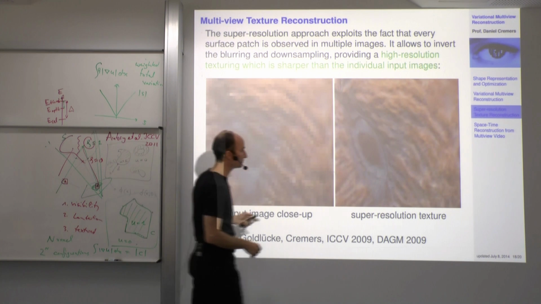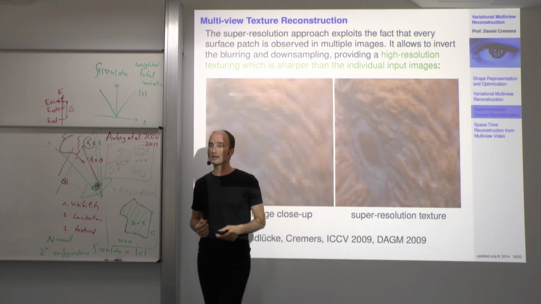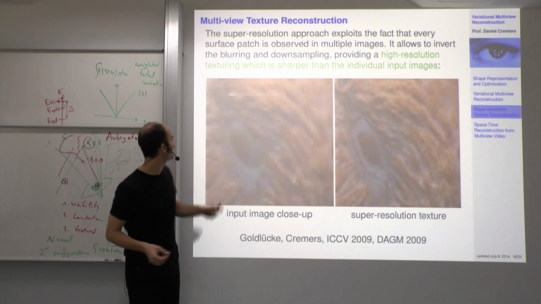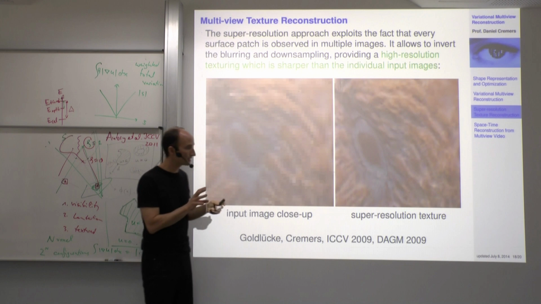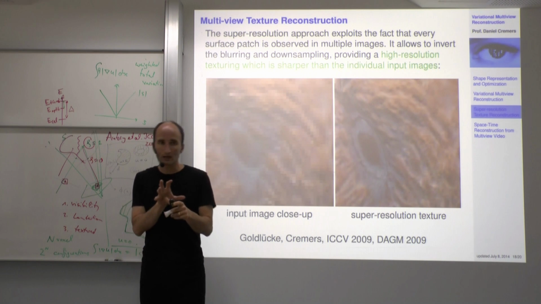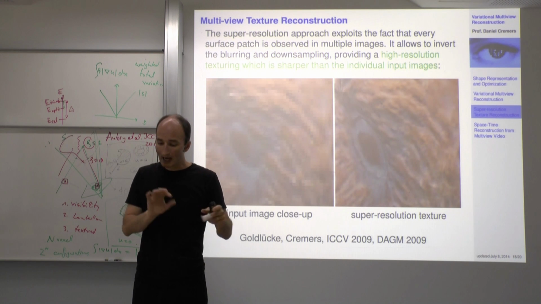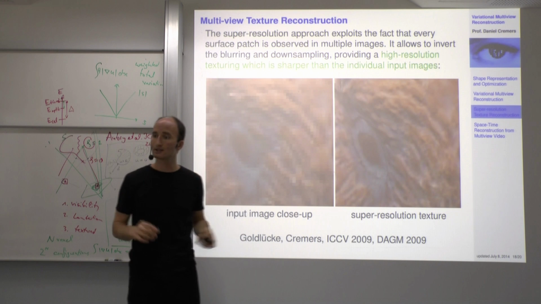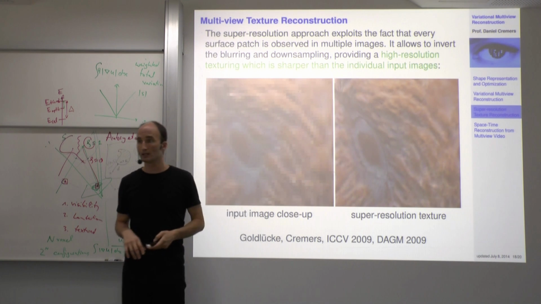Because, as I said, once the camera parameters are inaccurate, then that degrades the precision of the super resolution. And what is shown in this paper is that if you simultaneously optimize the camera locations a little bit and the texturing so as to get a maximally consistent reconstruction, then you get even sharper images.